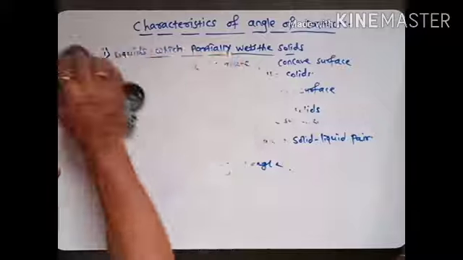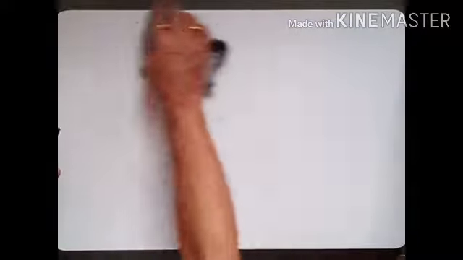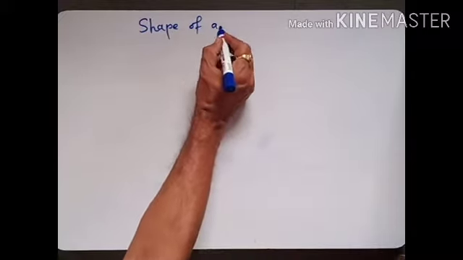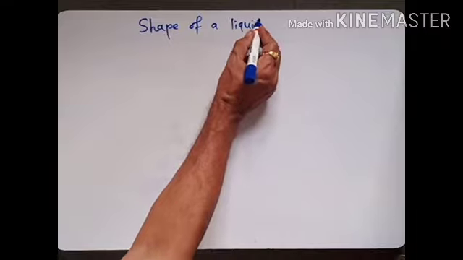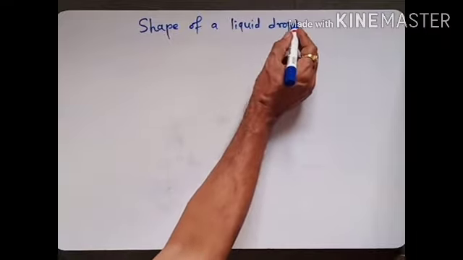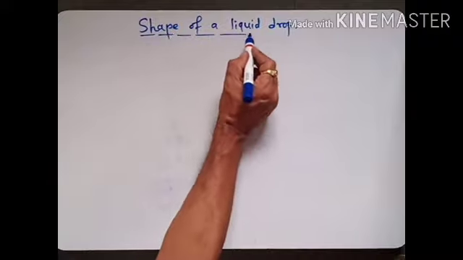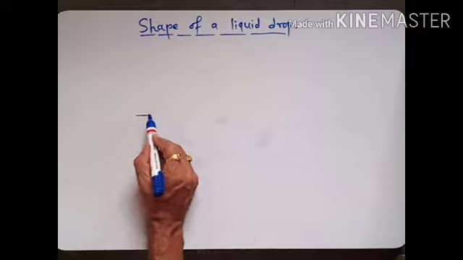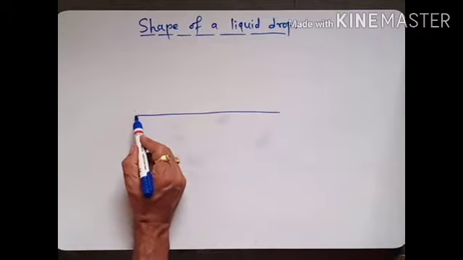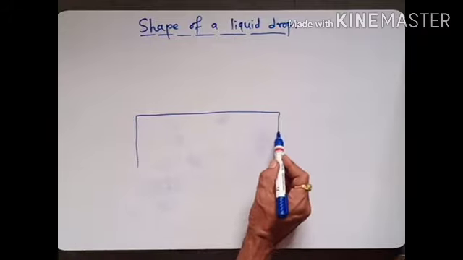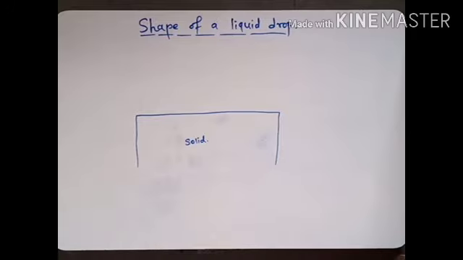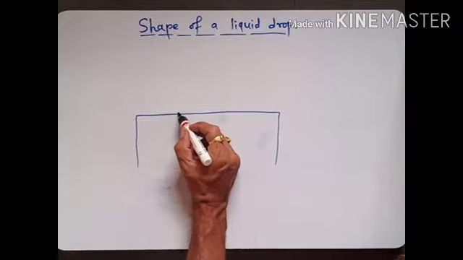Now we will consider the next article here: shape of a liquid drop. Okay, now suppose this is the solid surface, and on this solid, suppose there is a liquid drop.